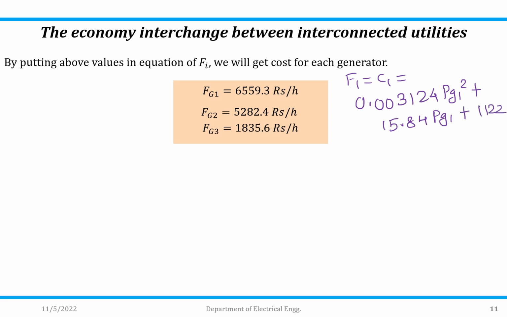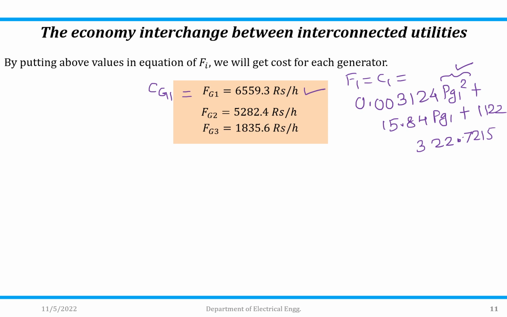Now just substitute the PG1 you got earlier, which was 322.7215, and you will get the cost of generation by generator 1. You can write it as FG1 or CG1. So the cost of generation for generator 1 is 6559.3 rupees per hour.